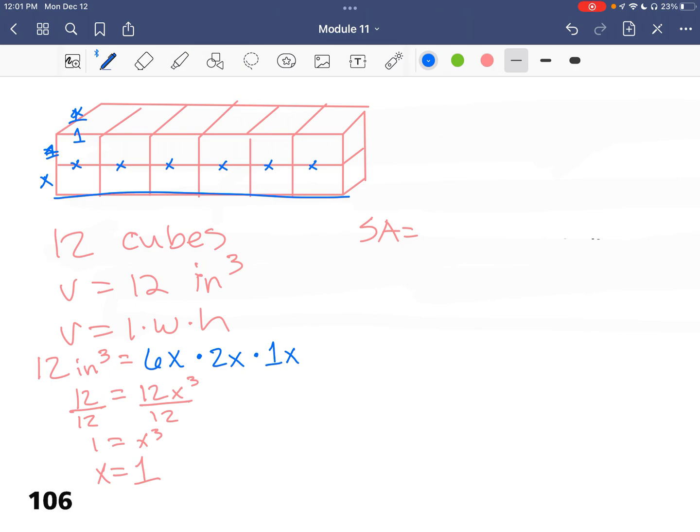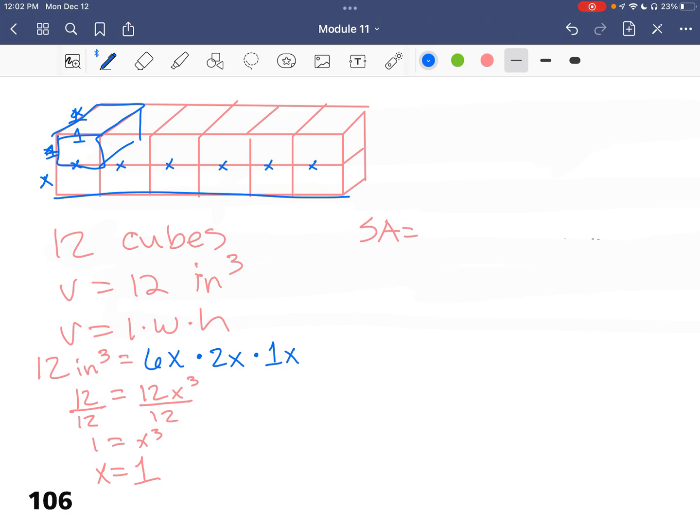So surface area would be, pause your video, what do you think? 1 times 1. Actually, you could do each cube too. Different ways to attack this. So what is the surface area of 1 cube?